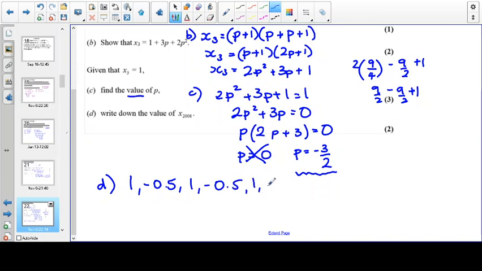And so what we have is a periodic sequence. The odd numbered positions are 1. The even numbered positions are negative 0.5. If we want position 2008, well, because that is even, then that is going to be negative 0.5.